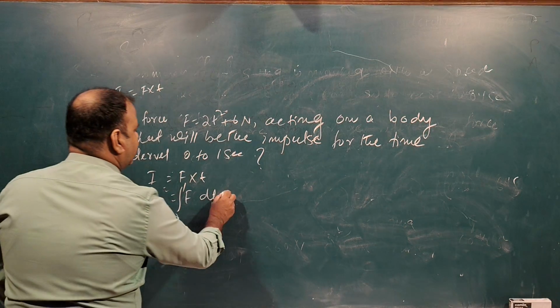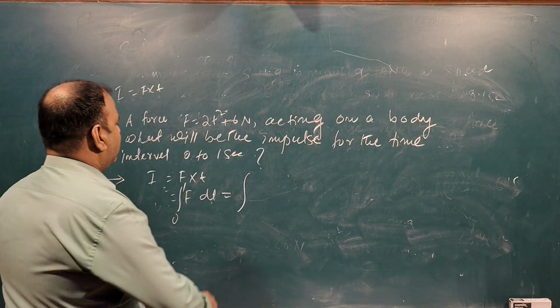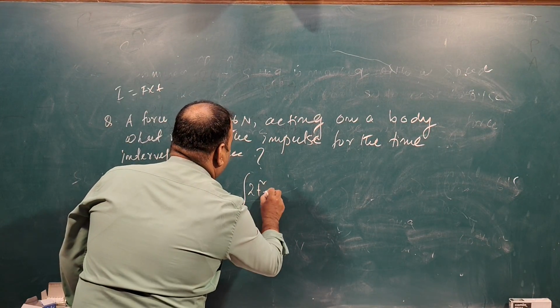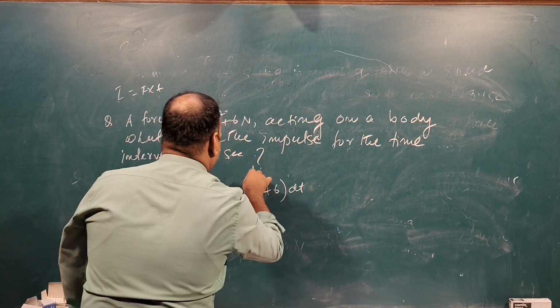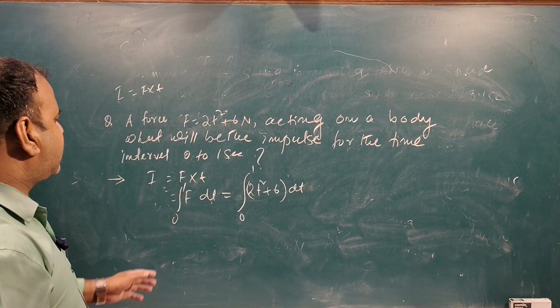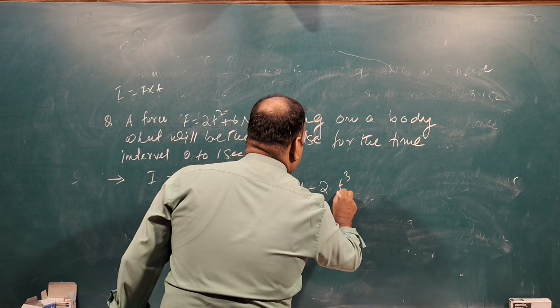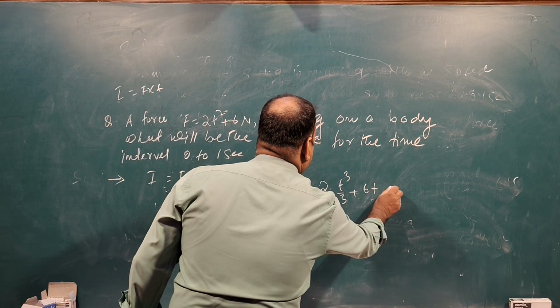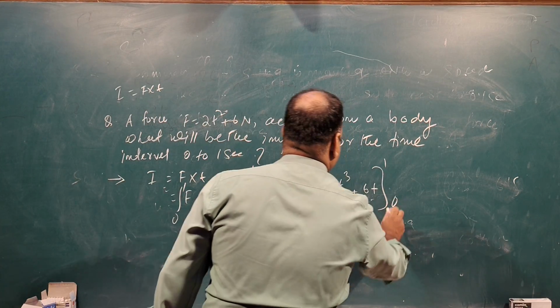So we can write 2t³/3 + 6t. The lower limit gives 0.